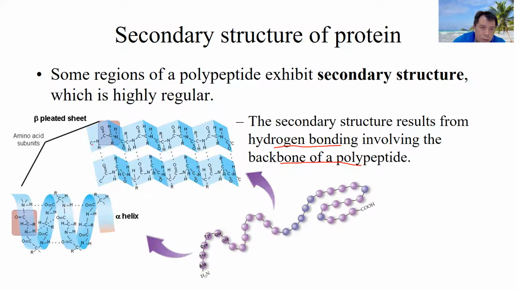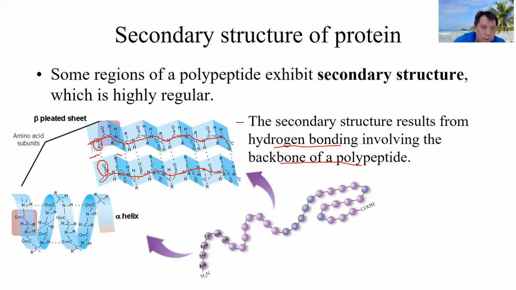Here is the backbone: N C C, N C C, N C C. The hydrogen bonds form between the NH and the CO of the backbone. This is a hydrogen bond.